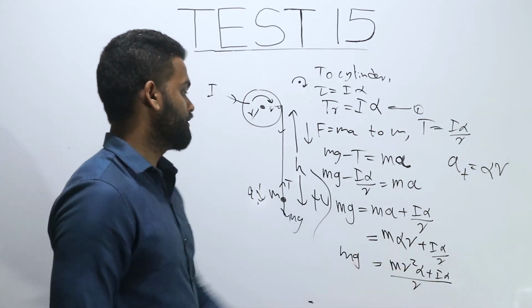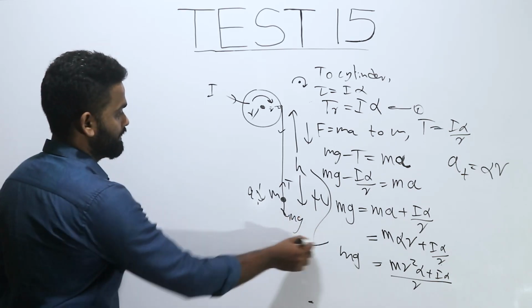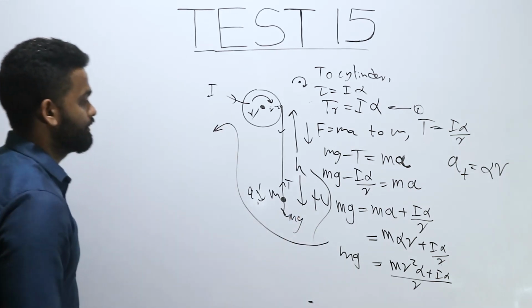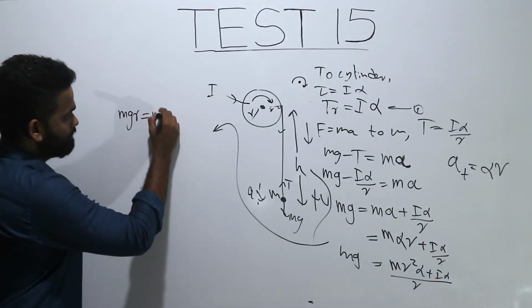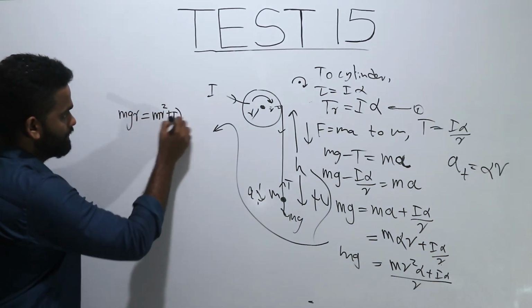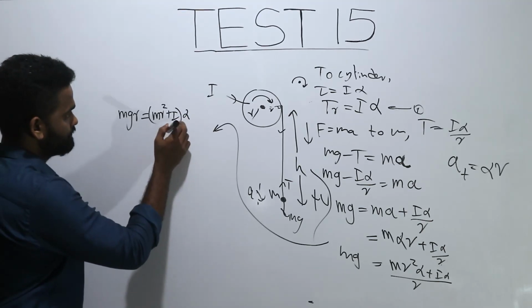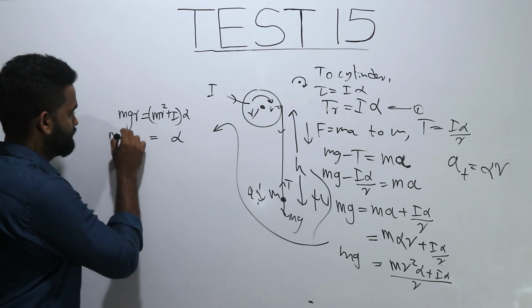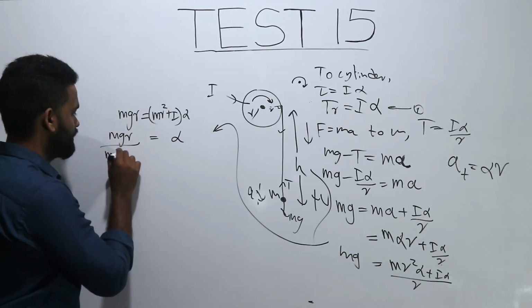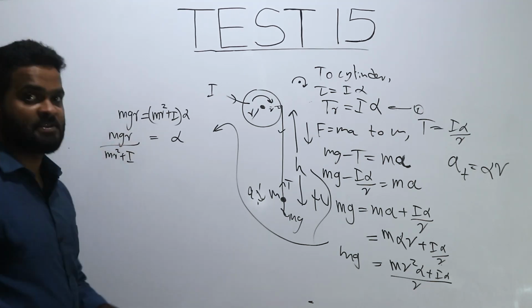Take alpha out of this. Cross multiply: mgr equals (mr squared plus I) alpha. Then you can find alpha. So alpha is mgr divided by mr squared plus I.